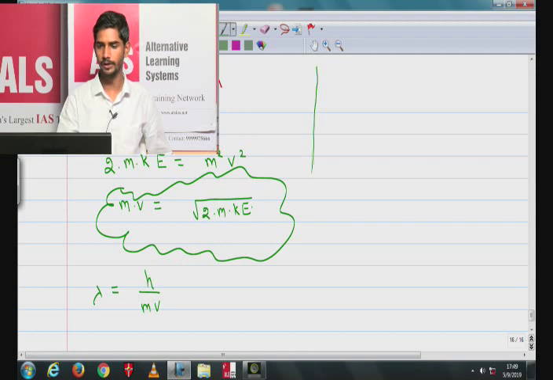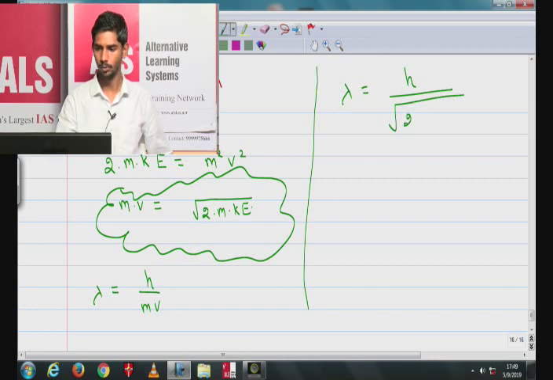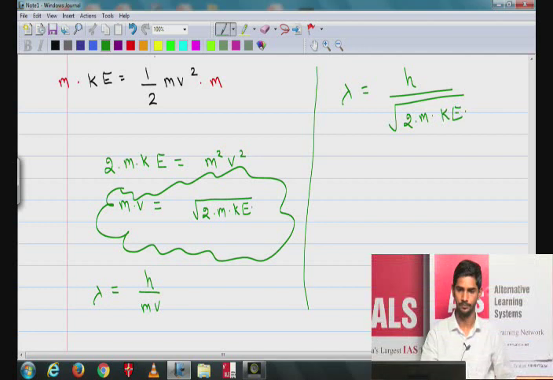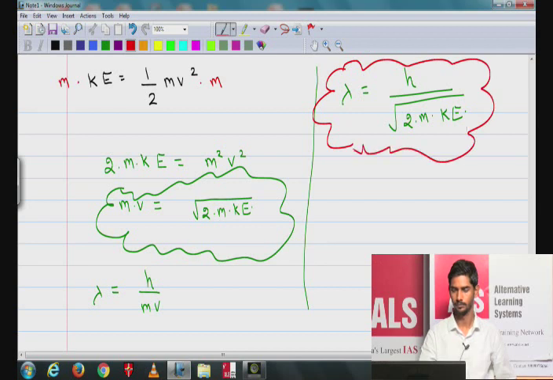After putting this value, I'll get a new relation that lambda is h upon under the root of 2 into m into kinetic energy. This is the new relation. Guys, are you clear with this relation? You have to remember this one as well. Any doubt? Note it down and tell me if there is any doubt regarding this relationship.